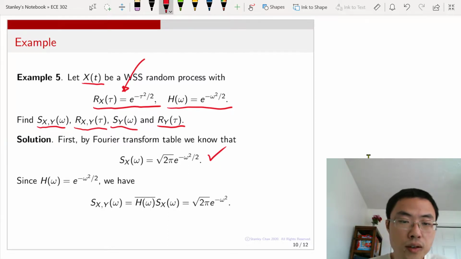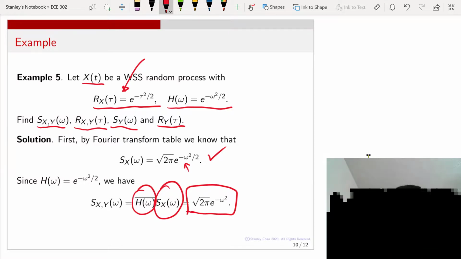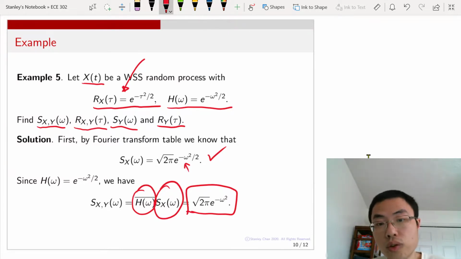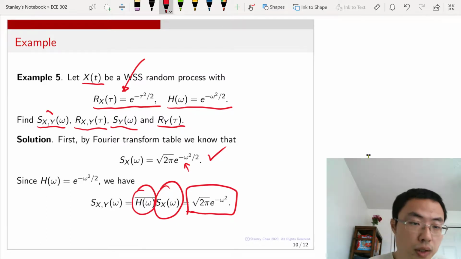And since we have a term for this one, this is just itself because it's a real number. And then Sx is given by here, so you multiply the two, you'll be able to get this term. Now notice that there's a division by 2 here, and this 2 is gone when you multiply this h and also your s. So we found this one.